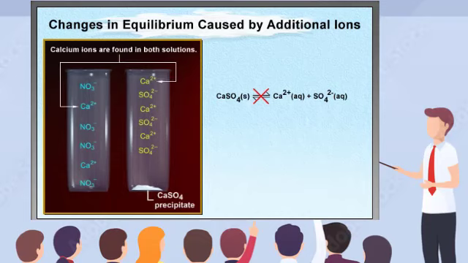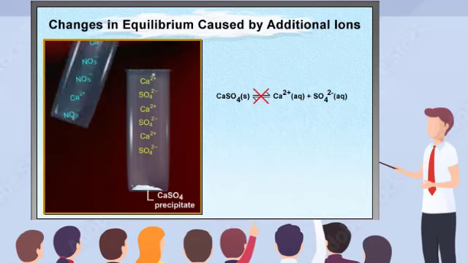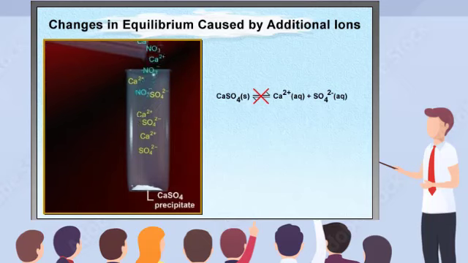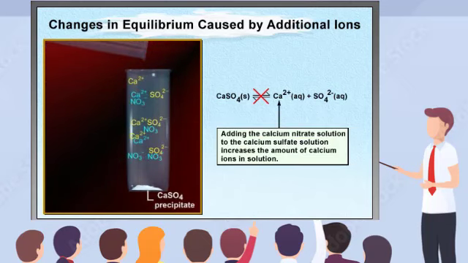The calcium ions are important to note because they appear in both solutions. Adding the calcium nitrate solution to a calcium sulfate solution increases the amount of calcium ions in solution. Using Le Chatelier's principle, you can determine how the additional calcium ions affect equilibrium.